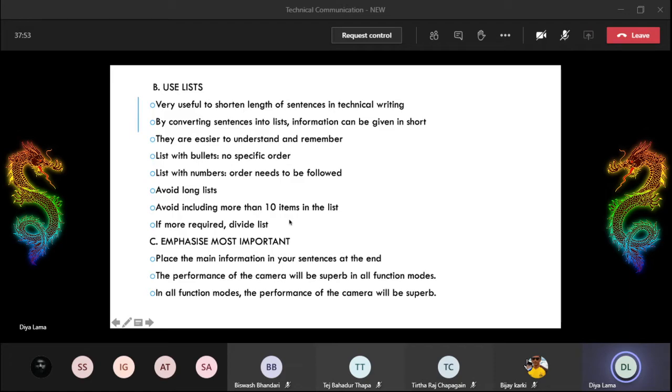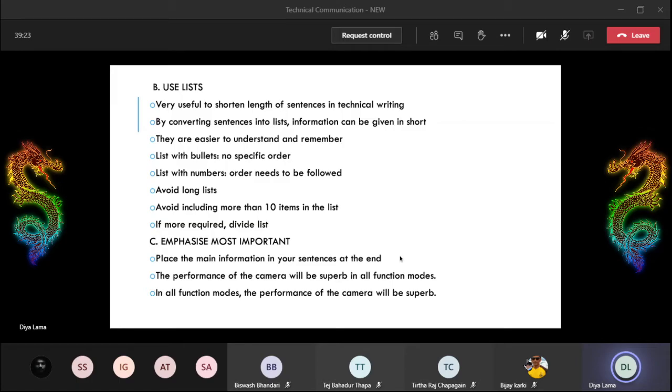Now the next two points are examples. In the first sentence: the performance of the camera will be superb in all function modes. So from this sentence, what you can think is that the most important thing it's trying to say is about the function modes.